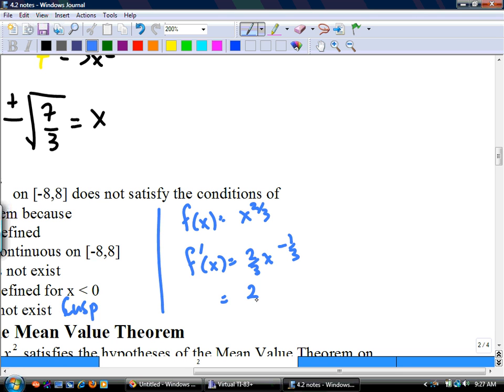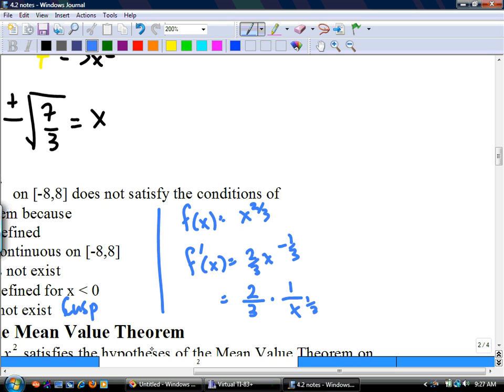You would write it as 2/3 times 1 over x to the 1/3. What are we not allowed to do? Divide by 0. X equals 0 is either a cusp or a vertical tangent. When the bottom equals 0, you're creating cusps or vertical tangents. You don't know which.